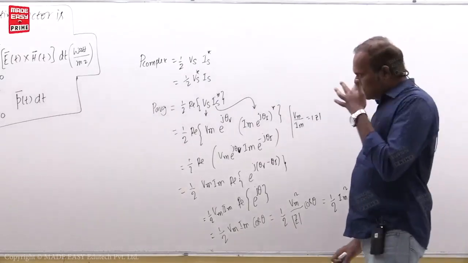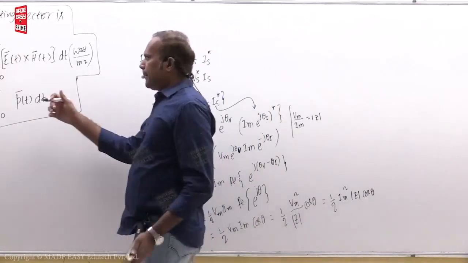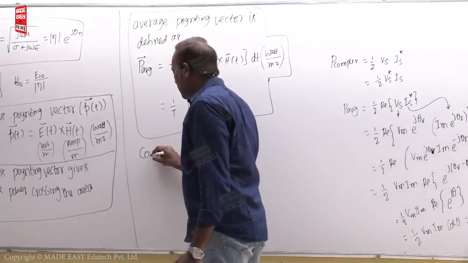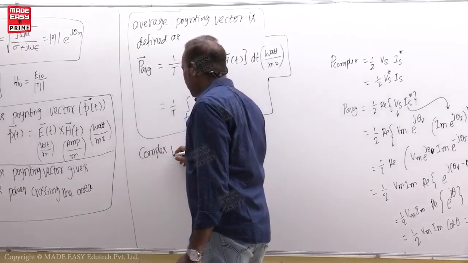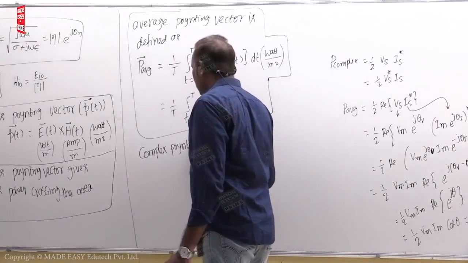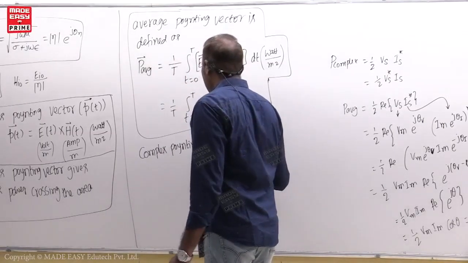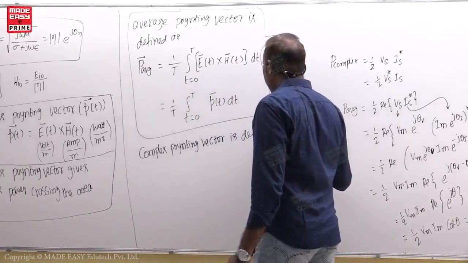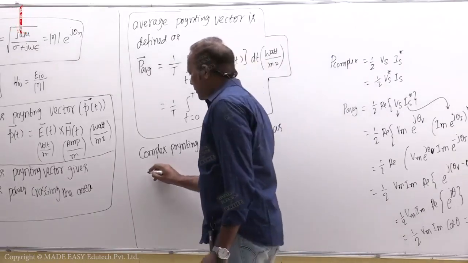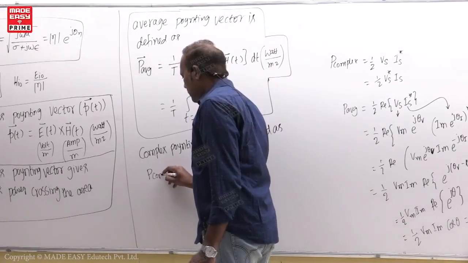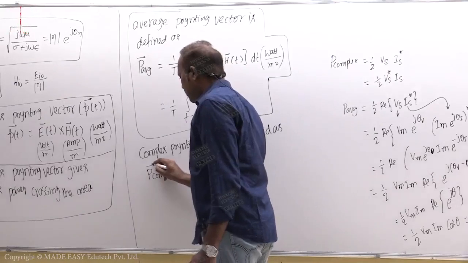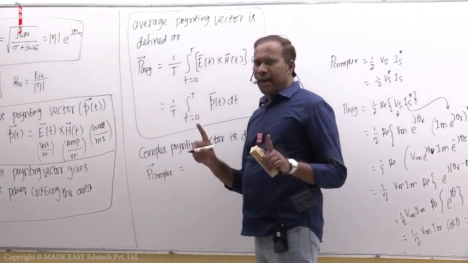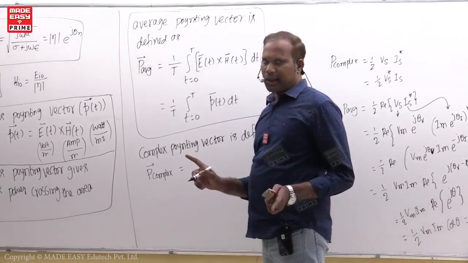Anyway, now I am writing the complex Poynting vector. Complex Poynting vector is defined as complex P bar. Students, if I put P bar, bar means that is always average Poynting vector. Bar means direction is there.